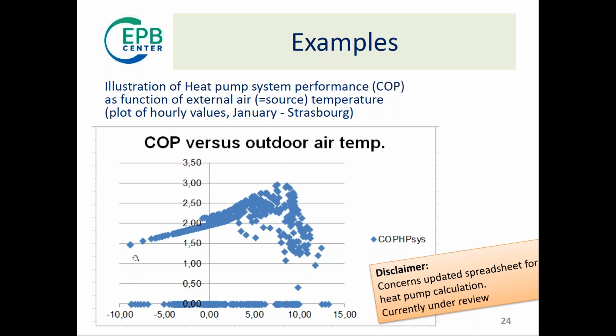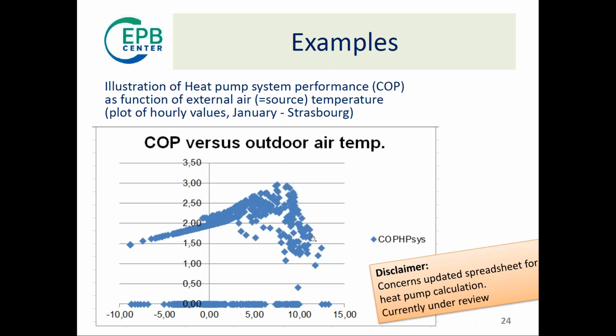So you see here that indeed with low temperatures, the performance is decreasing quite rapidly. So it means also that it's quite relevant to take into account the interaction between the heat pump systems and the outdoor temperature, to show this factor 2 difference in the COP.